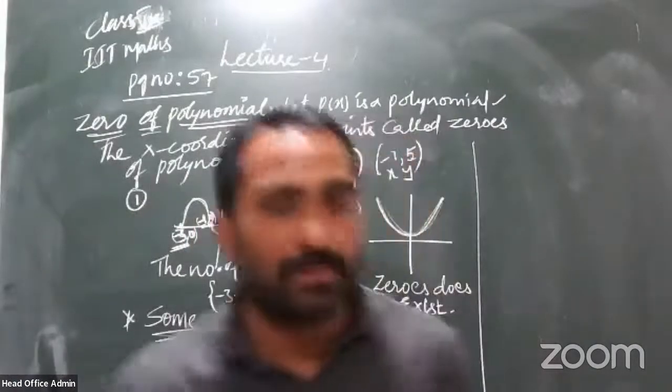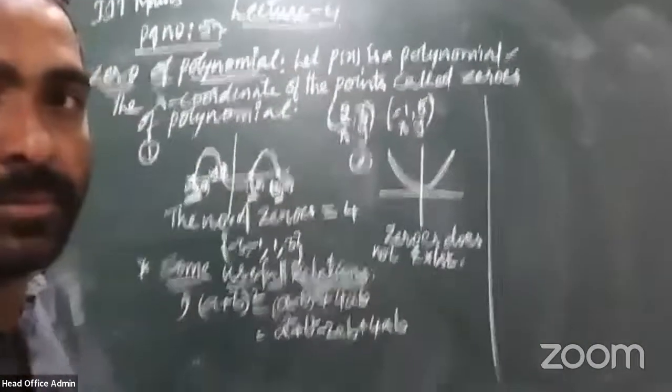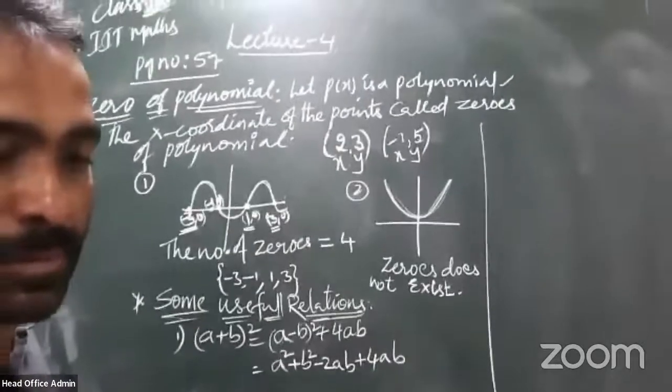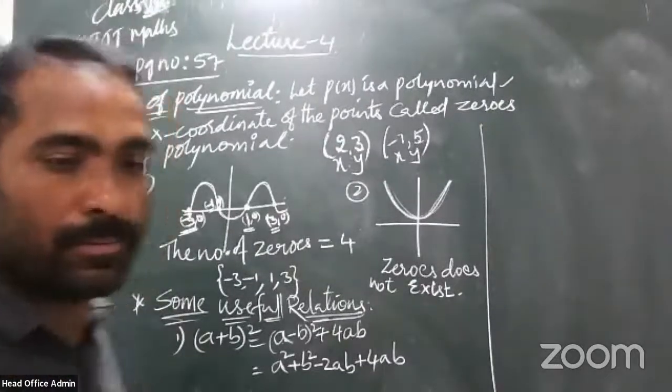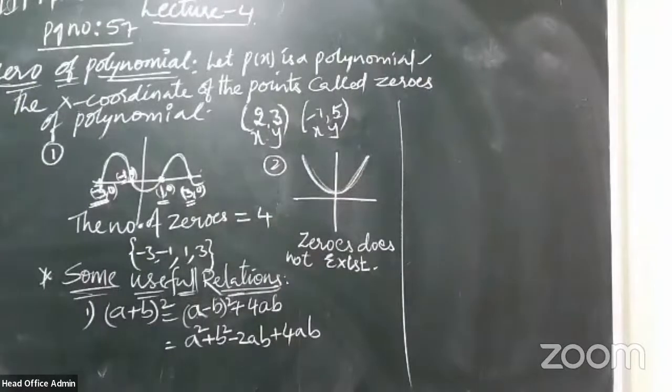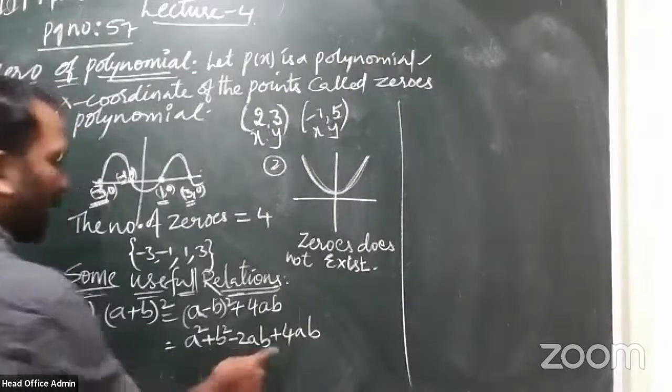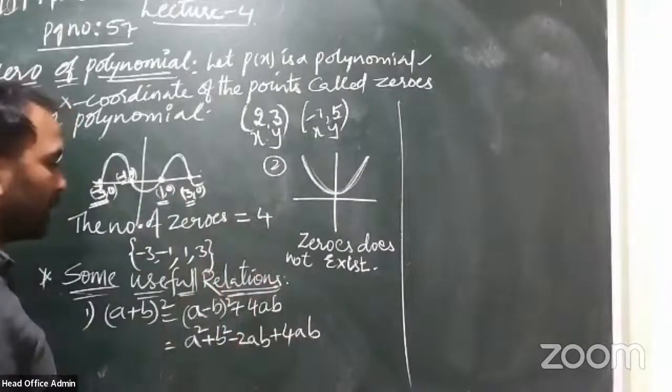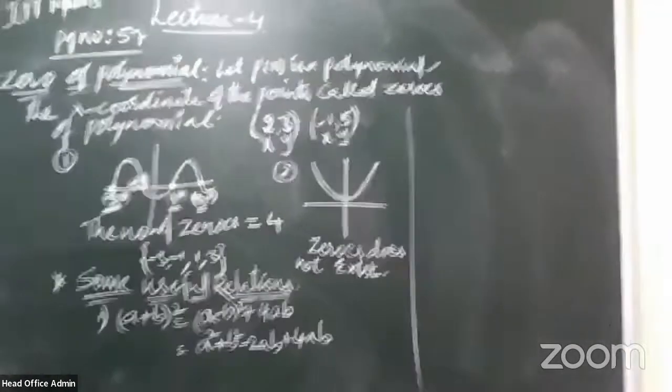So I just move it down. So a square plus b square minus 2ab and plus 4ab.